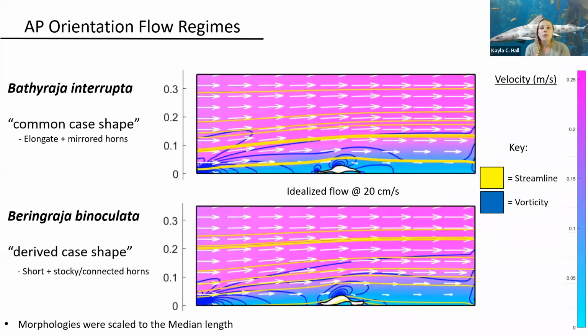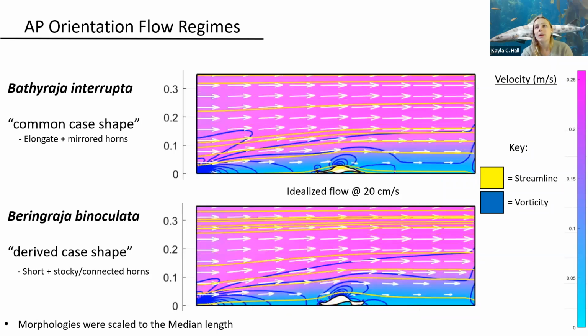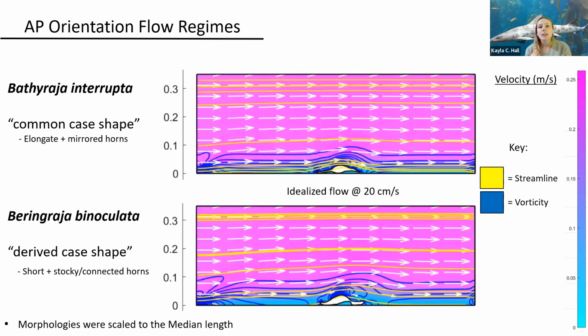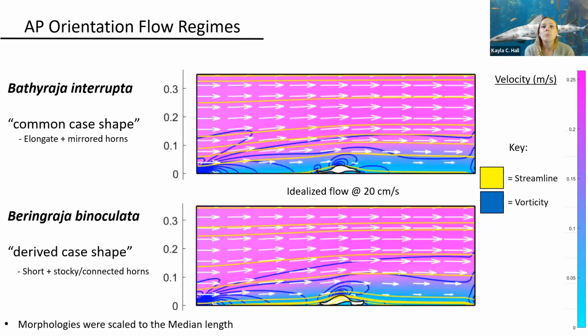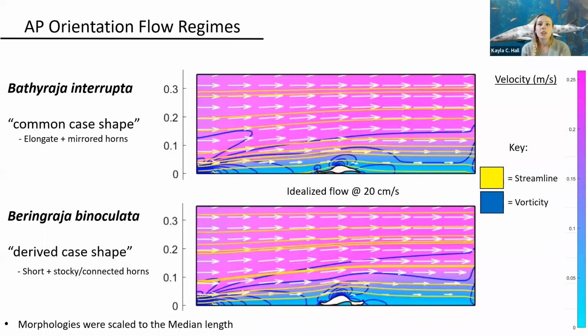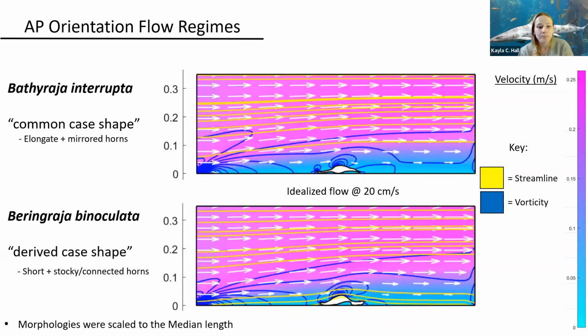So overall, the horns provide a stabilizing effect where there's a minimal jump in vorticity at the anterior and posterior of the egg case. And this is due to the presence of the horns, which also lowers the chances of that rolling effect that I was talking about.